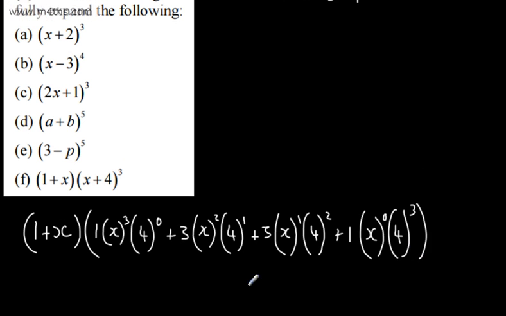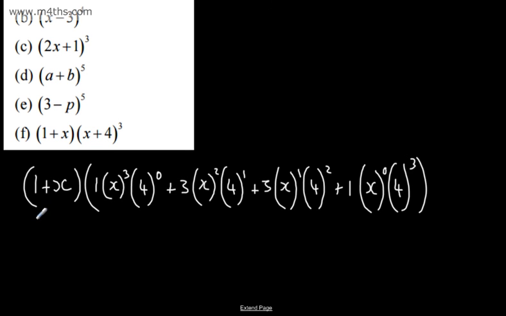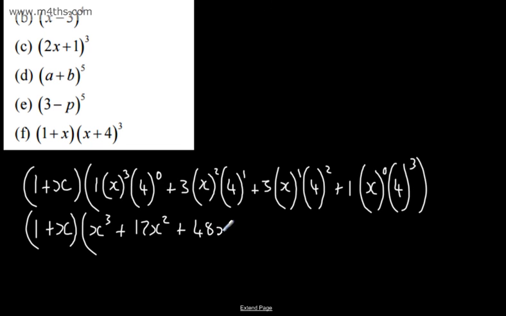So all I'm going to do is just tidy this up and multiply through. So 1 plus x, and then we're going to have on here, this is simply going to give me x cubed. Here we're going to have now 3 times by 4 is 12, so this will be plus 12x squared. This is going to give me 16, so this is going to give me now plus 48x.